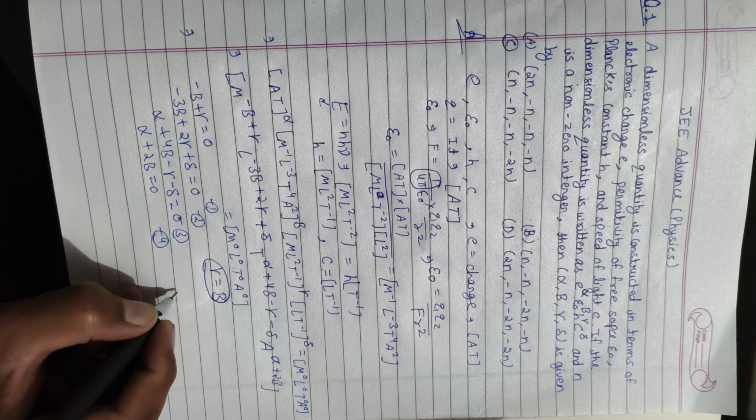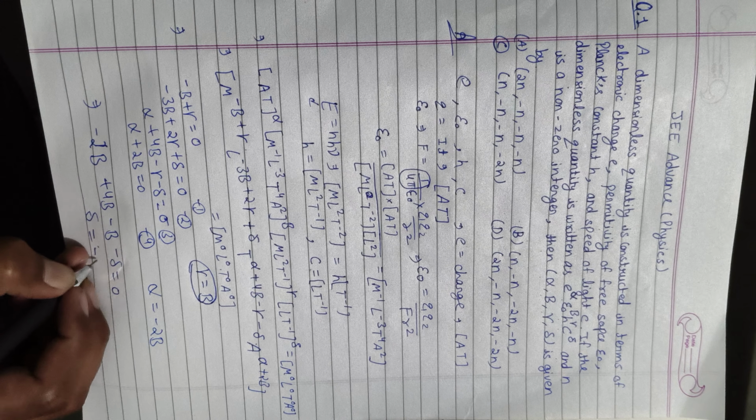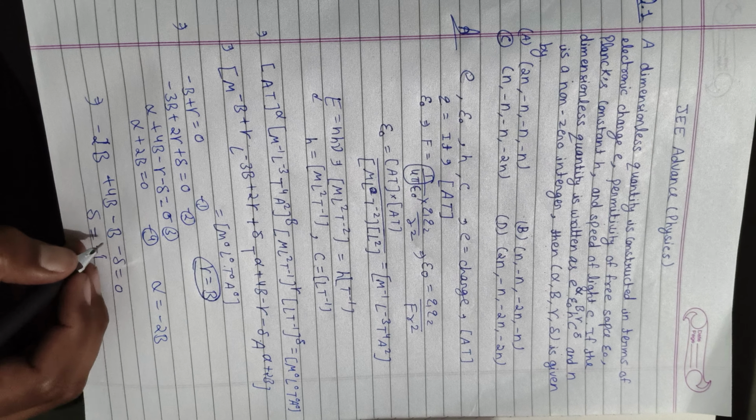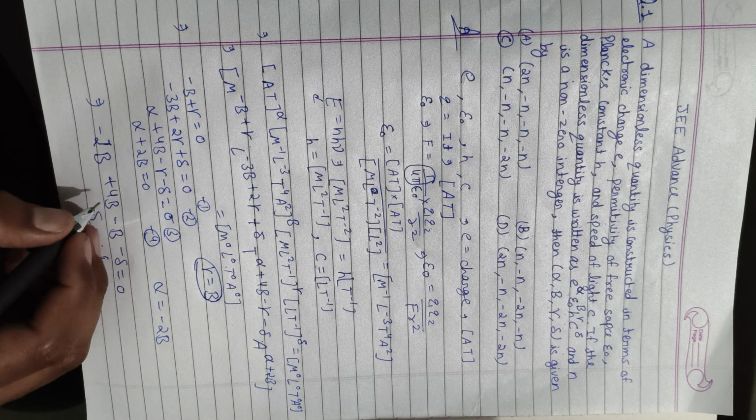Then we put these values in equation third, and we get: the value of alpha is minus 2 beta plus 4 beta minus beta minus delta is equal to 0. So delta is equal to plus beta. So we have alpha, gamma and delta values in terms of beta.